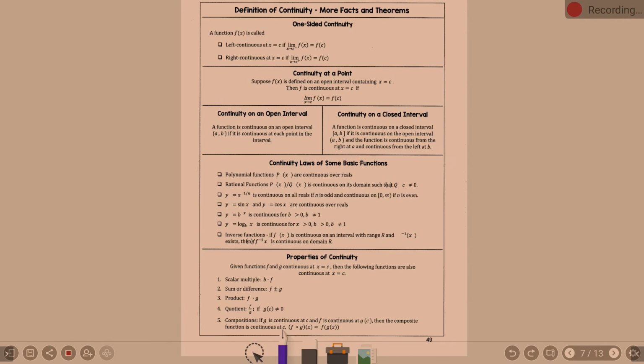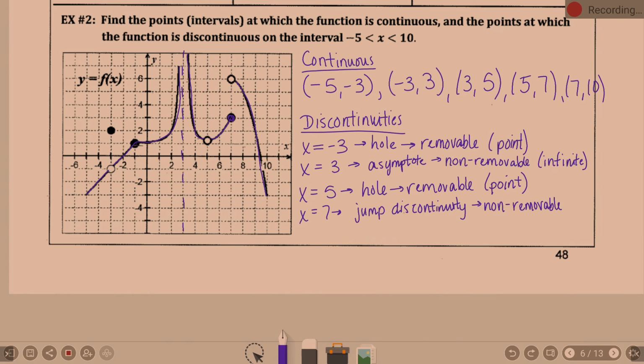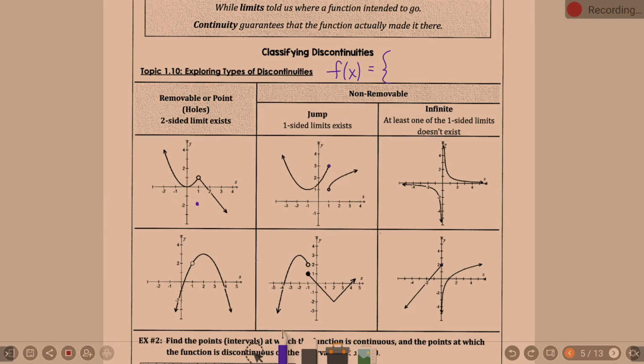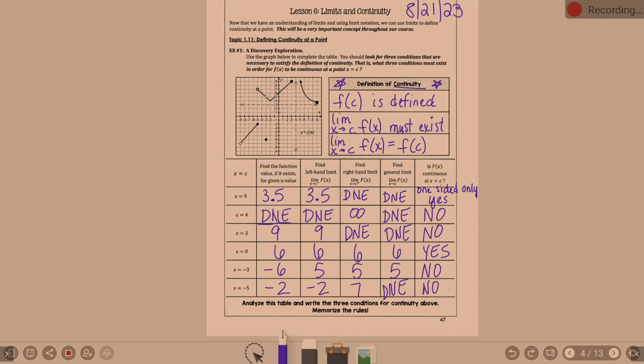Okay, so definition of continuity, more facts and theorems. So one-sided continuity. A function is called left continuous at x equals c if the limit as x approaches c from the left of f of x is equal to f of c. And so that's what we talked about. Like right here at -5.